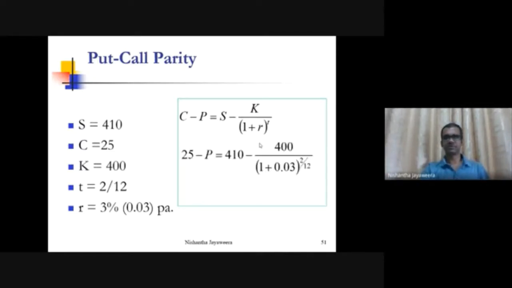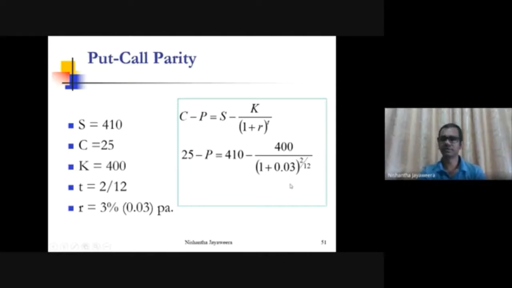To substitute the figures, call premium is 25, spot is 410. Strike is 400 multiplied by the discount factor, you get the present value.